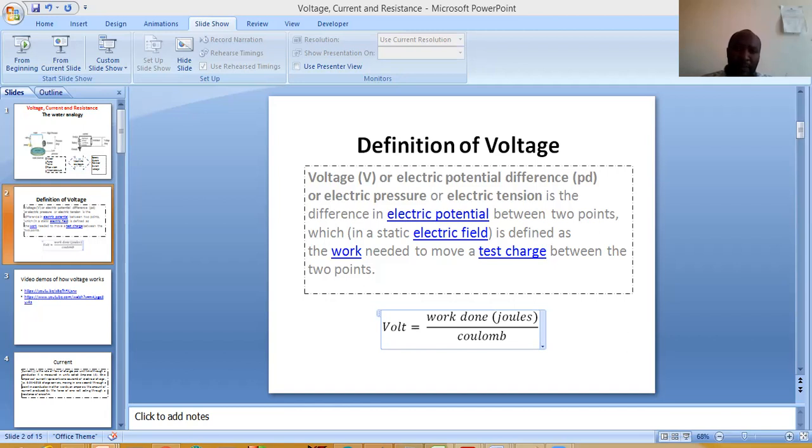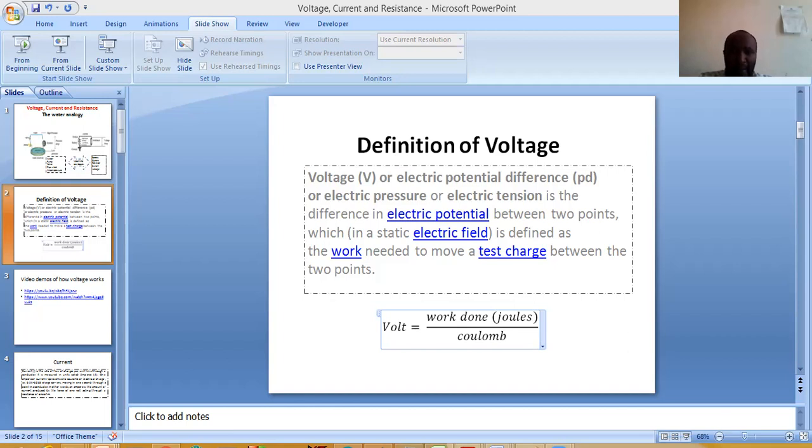Now, let's talk about current, electrical current. What is electrical current? It's the rate of flow of charges through a conductor. We say current is that movement of charges through a conductor, and the charges we are mostly interested in are electrons, and it is measured in units referred to as amperes.